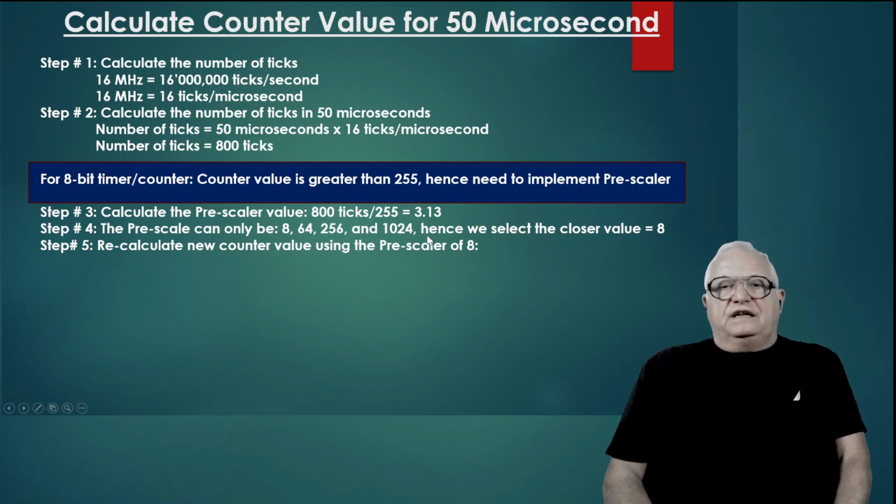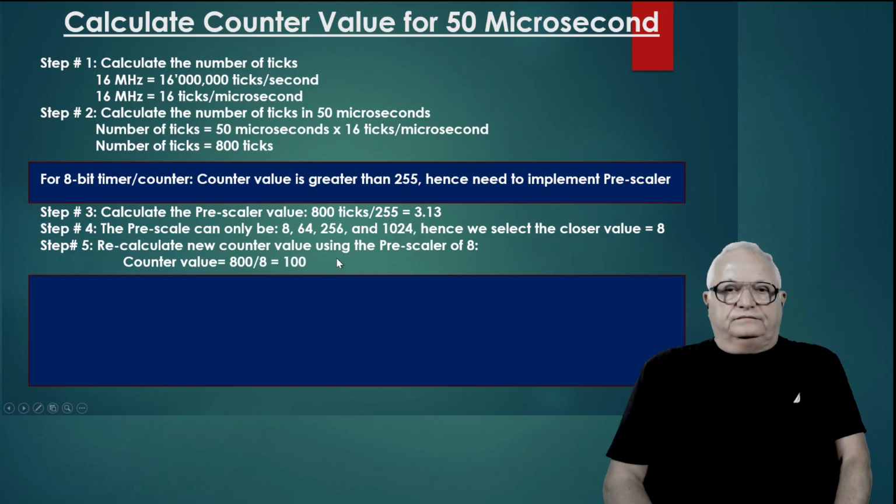Now, once we selected the prescaler of 8, we have to do all the calculations to decide what parameters we're going to use. So the counter value is going to be 800 divided by 8, which is the prescaler we're using. So we have a counter value of 100.